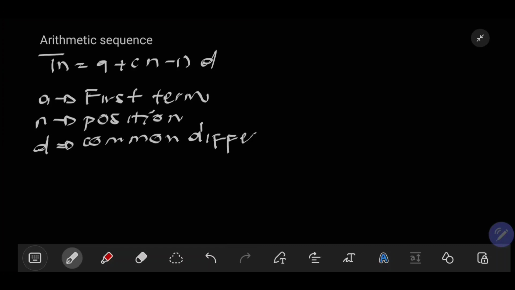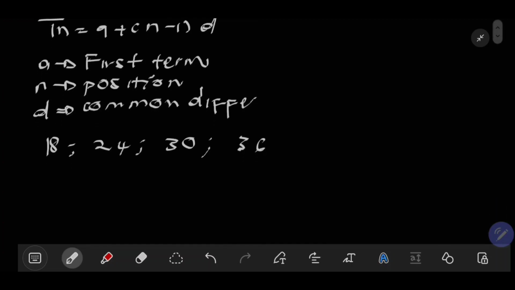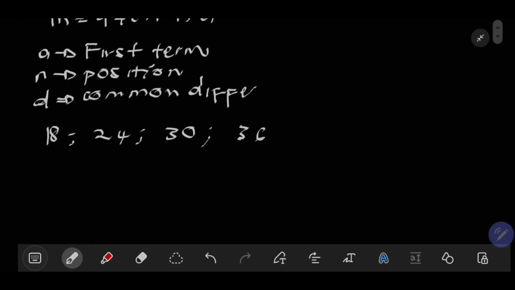An arithmetic sequence is a sequence whereby we have a common difference between any two consecutive terms. Suppose you are given a pattern like this: 18, 24, 30, 36.